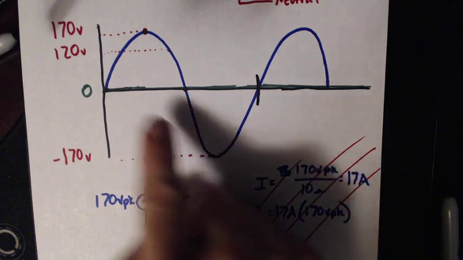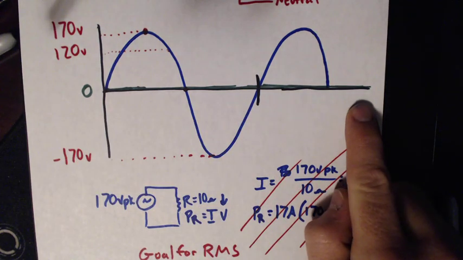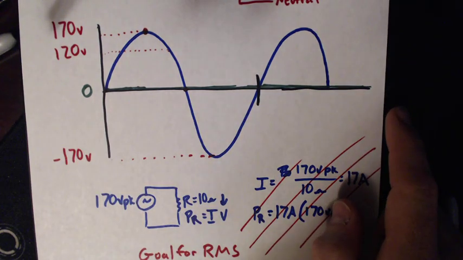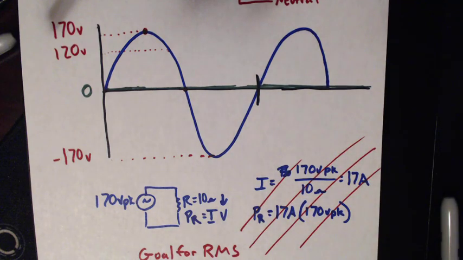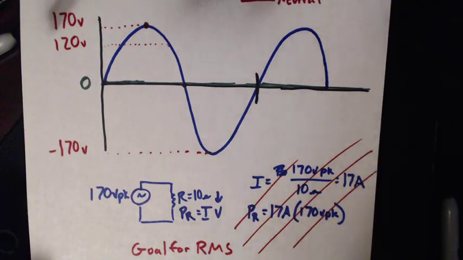So obviously, this just can't be true. The average is not 0. Well, that's where we cleverly start to use this idea of root mean square. So remember, the goal here, we're trying to find an average voltage.